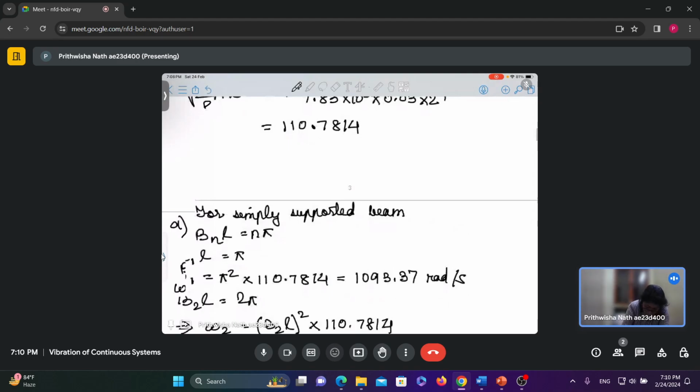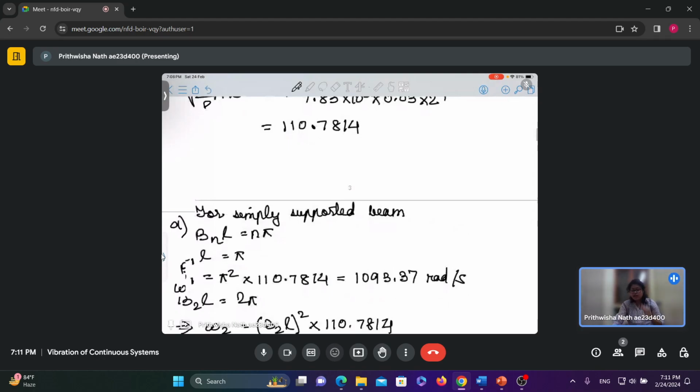And the third natural frequency comes out to be 6834.9030 radians per second. So this is omega 2.